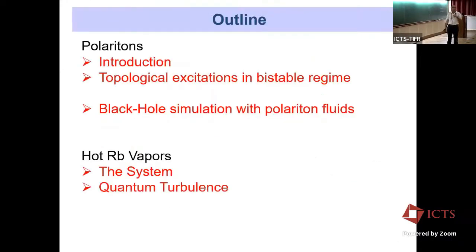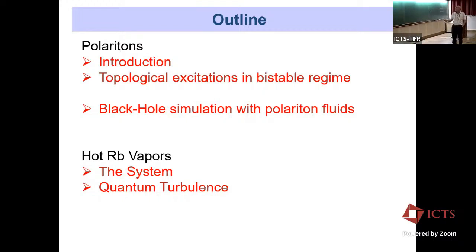The outline of my talk will be the following. I will start with polaritons, so that I will introduce the system. Then I will show how it is possible to generate and control the propagation of topological excitations, exploiting a bistable regime, which is a typical regime that we can achieve in a polariton fluid.